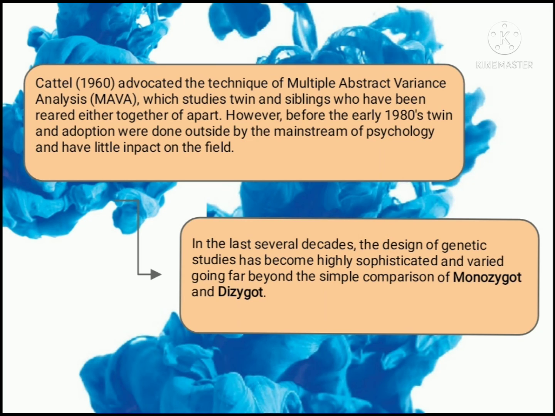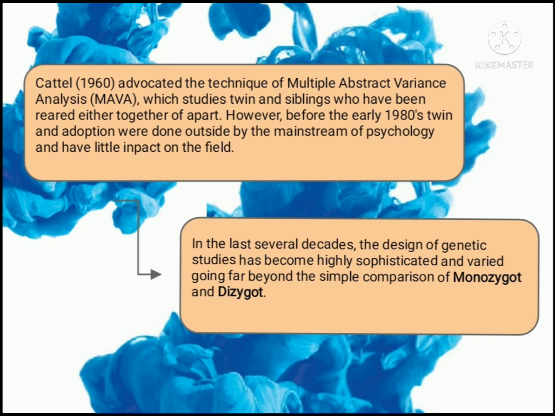Cattell in 1960 advocated the technique of multiple abstract variance analysis, or MAVA, which studies twins and siblings who have been reared either together or apart. However, before the early 1980s, twin and adoption studies were done outside the mainstream of psychology and had little impact on the field.